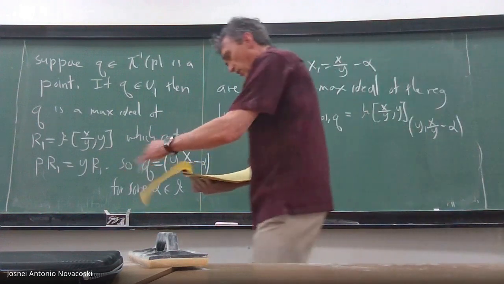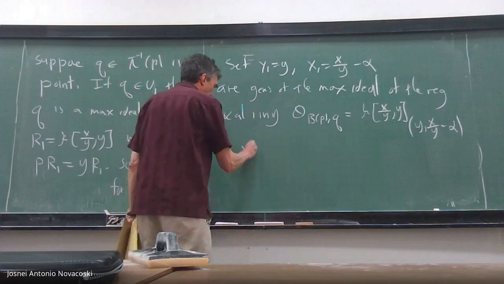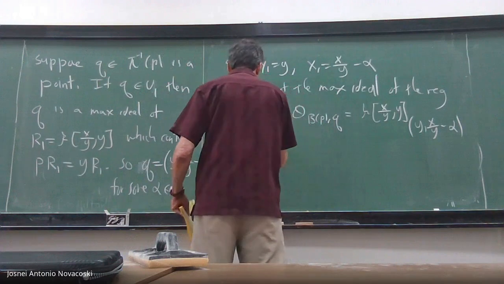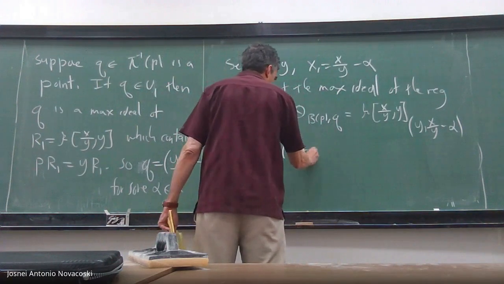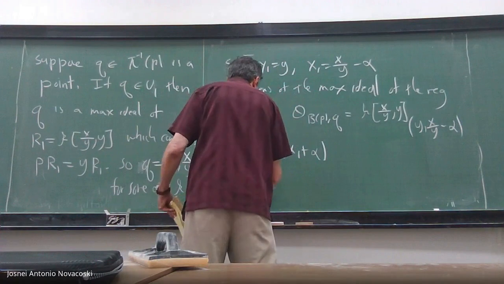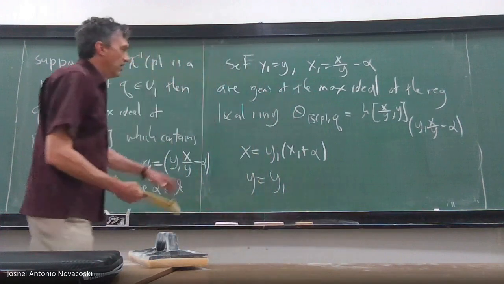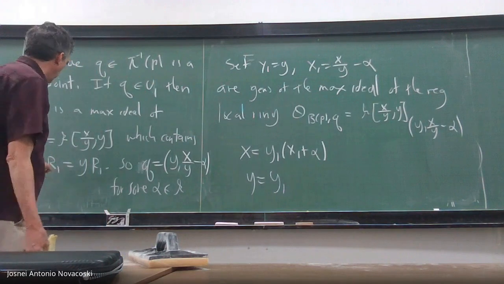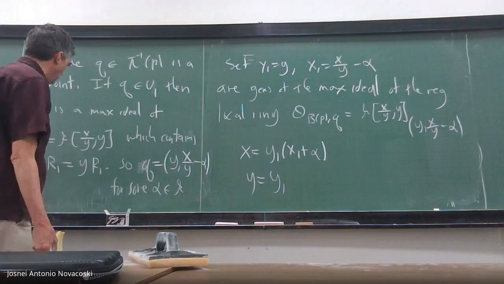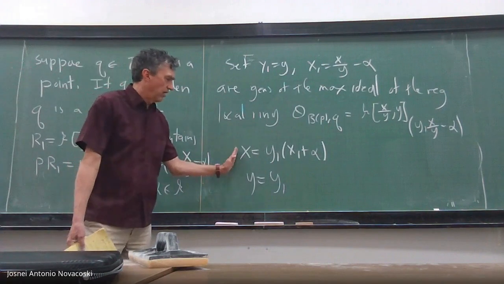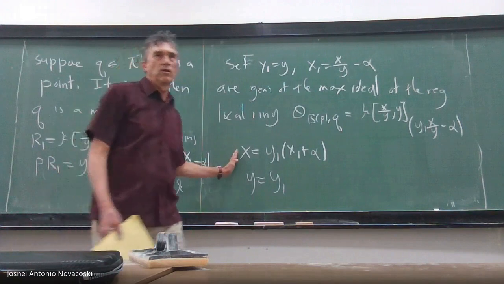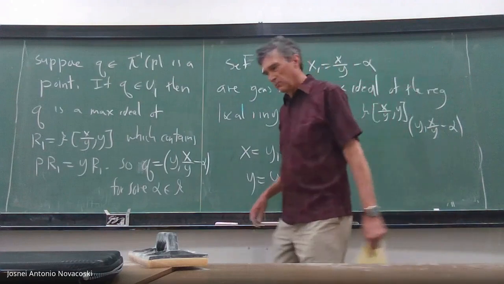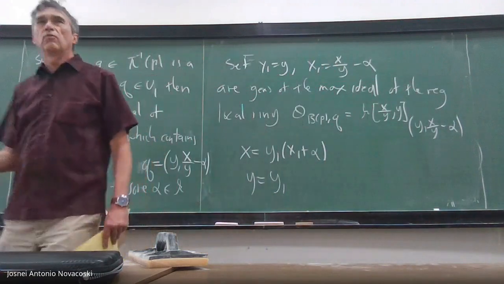And the way you can understand this, and this is a more classical point of view, is you can see then that X is equal to Y1 times (X1 plus alpha), and Y is Y1. So somehow that describes what this map is near Q, projecting Q down to P. It's just a transformation like this, which is something one can work with more tangibly than this very abstract definition of what a blow-up is.